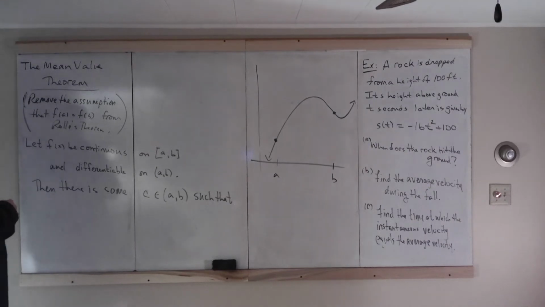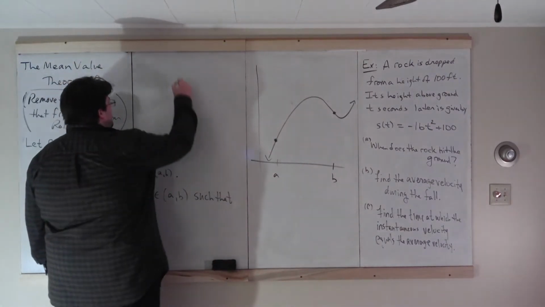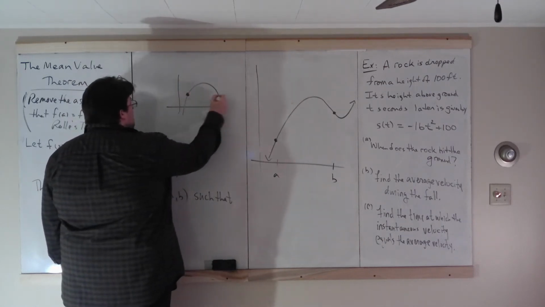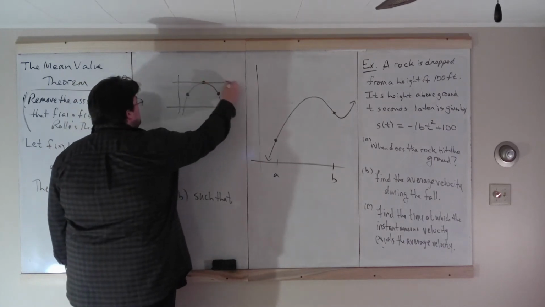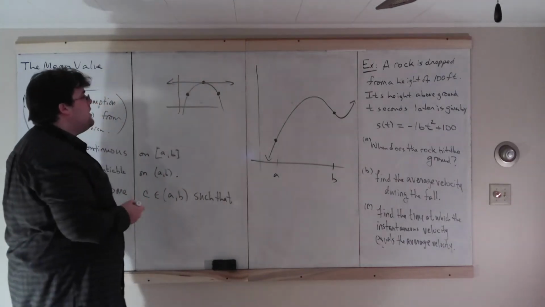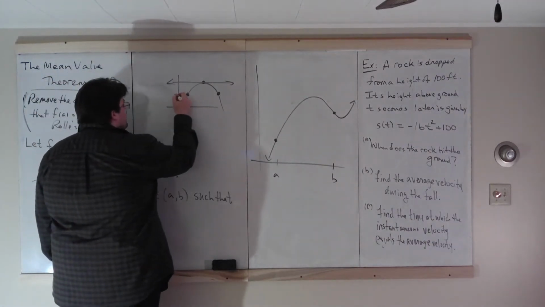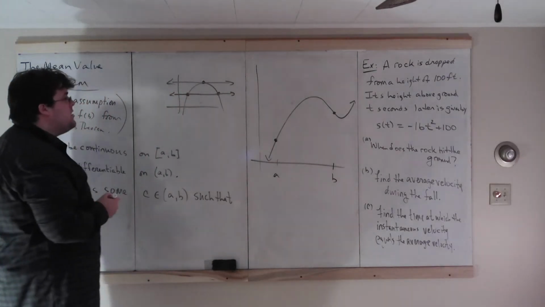Then there's some c in a to b such that what? Well, what did Rolle's theorem look like? Rolle's theorem said if f of a equaled f of b, then there's going to be a point in the middle where the tangent line is horizontal. But let's put another line here between f of a and f of b.